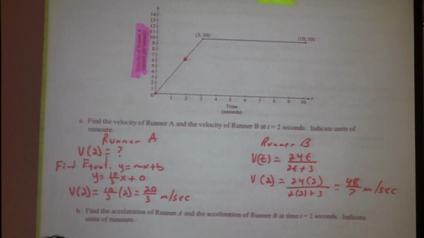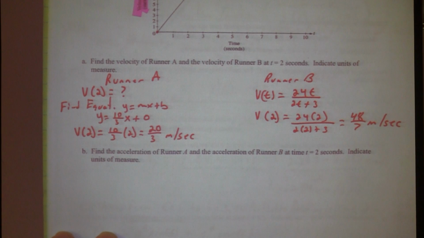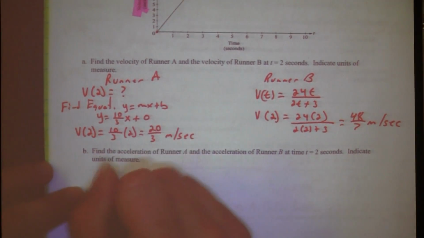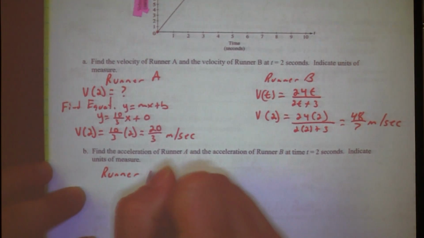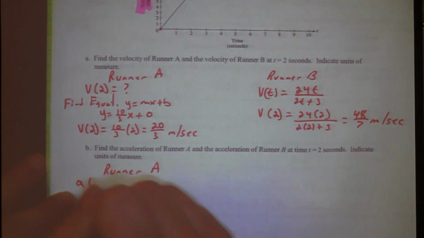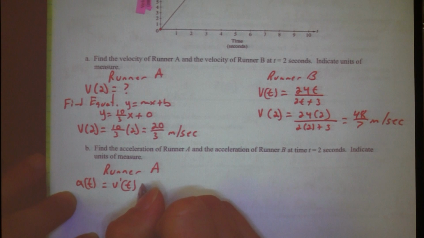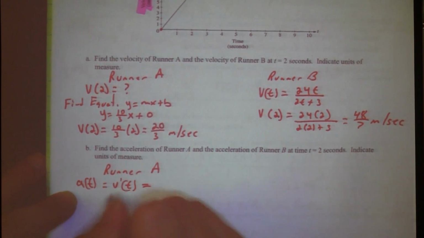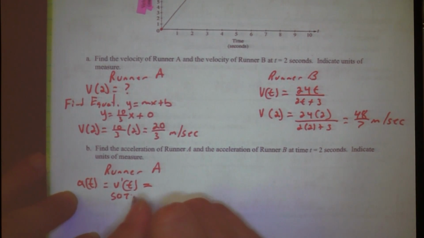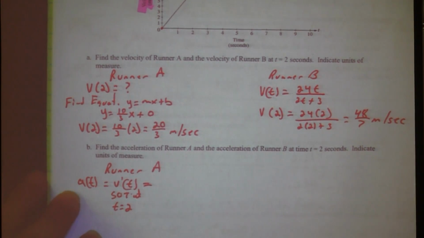Okay. The next question is asking for the what? Acceleration of runner A and acceleration of runner B at t equals 2. Alright, so let's do runner A. How would I find the acceleration of runner A? Finding the derivative of the velocity, which somebody said was the slope of the tangent line at, in this case specifically, t equals what? 2?